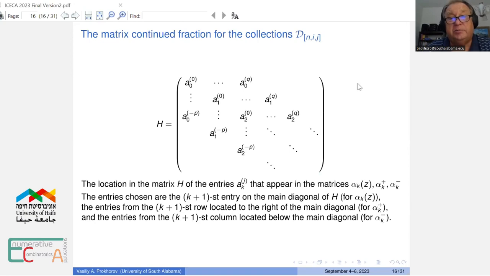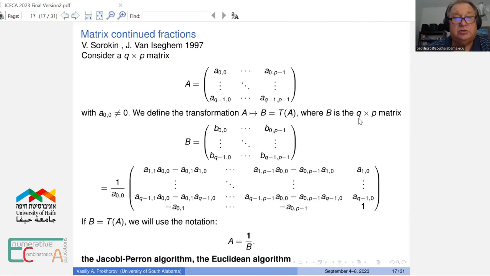And the same rule we can apply for the next result. Only instead of matrix H, we will write matrix K. So this is what we see on the next slide: formulas for matrix continued fractions. This is a result from 1997, when Sorokin and Van Iseghem obtained a result about the expansion of a matrix Q by P with elements that are Laurent series as matrix continued fractions.